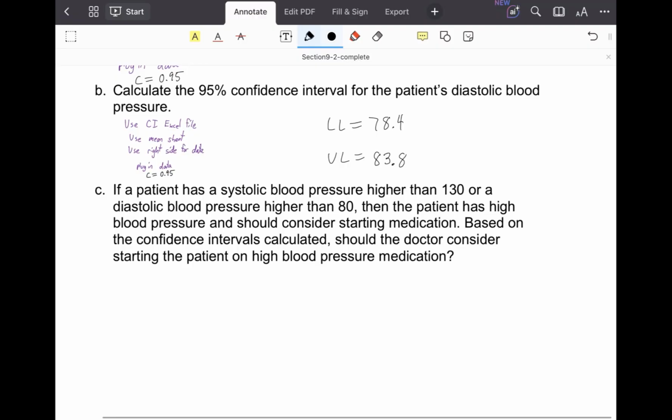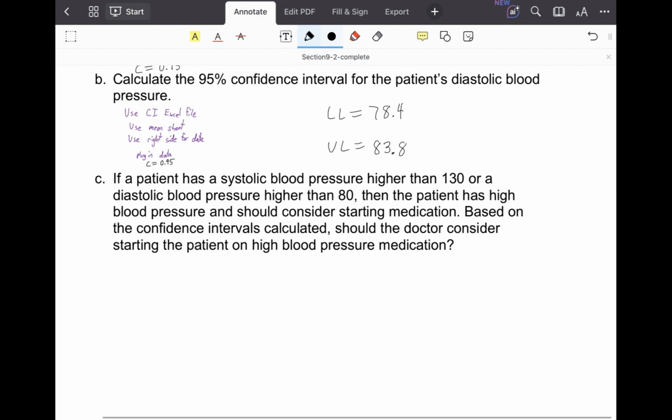Now, it says if a patient has a systolic blood pressure higher than 130, I think they just recently changed this to 120, or a diastolic blood pressure higher than 80, then the patient has high blood pressure.